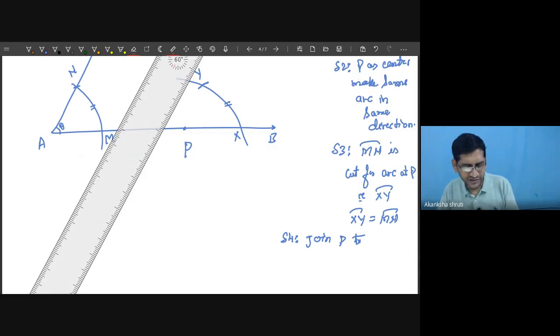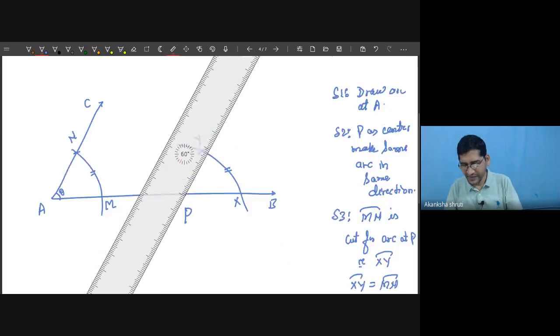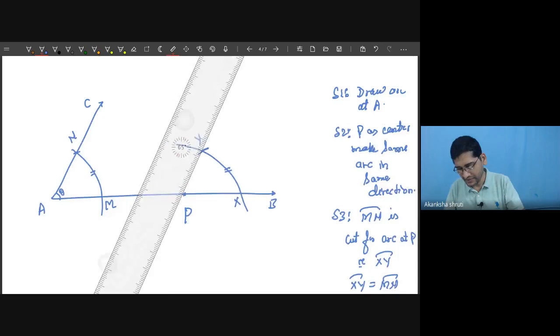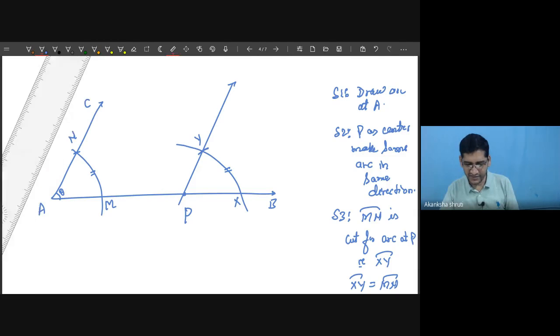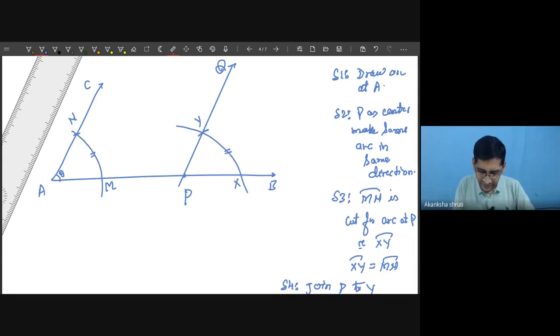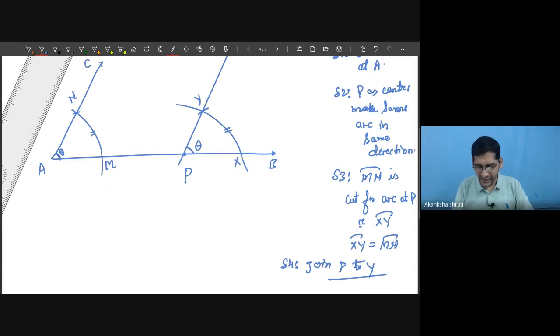So take the ruler and join it. Here we are observing, you may consider this point as Q. So in this way, whatever this angle theta was, the same angle theta gets transferred here. So the equal angle is drawn by this method.